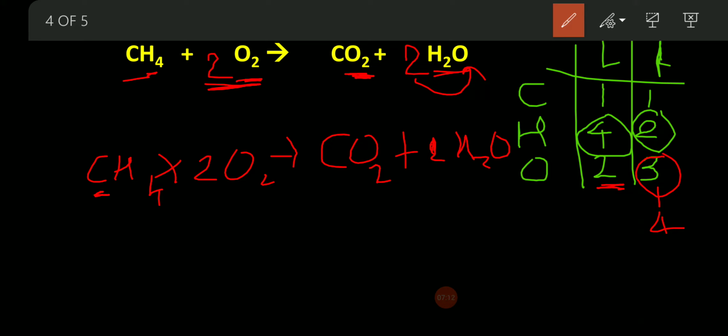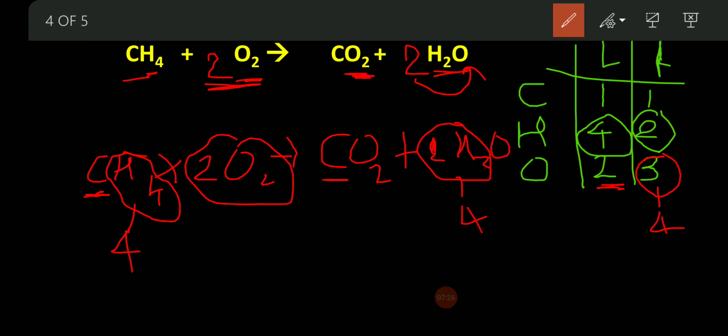Carbon: 1 here, 1 here. Hydrogen: 4 hydrogens here, and on the right 2 times 2 is 4. Oxygen: 2 times 2 is 4 oxygens here, and on the right 2, and 1 times 2 means 2 also, so it is 4. So this chemical equation is balanced.